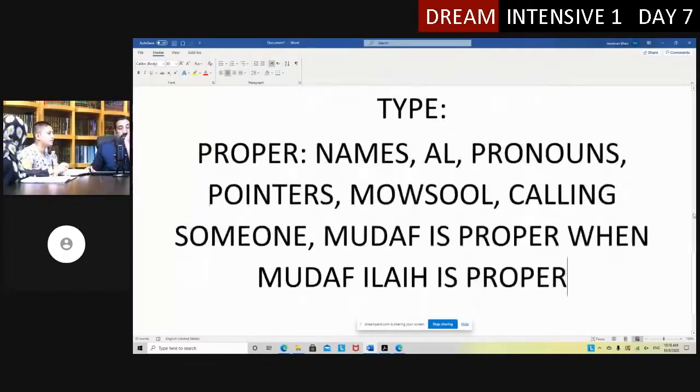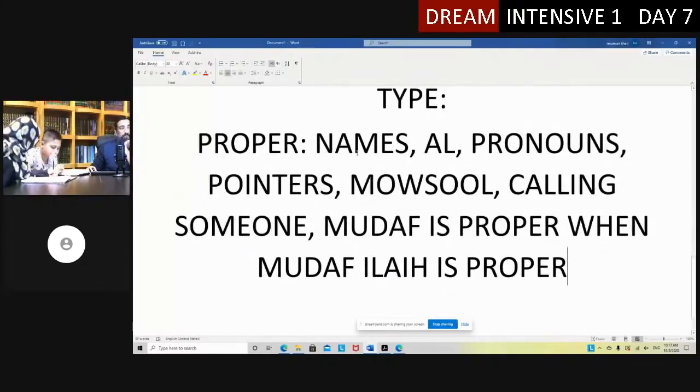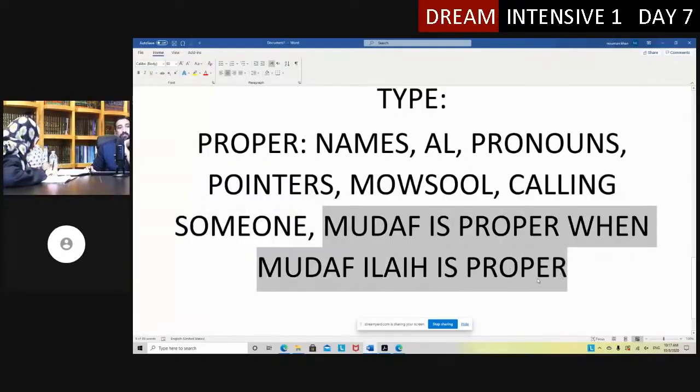Those are the 7 items. 1, 2, 3, 4, 5, 6, and the last one's long, 7. I didn't know we learned about so much. Yeah, we did. It's crazy.